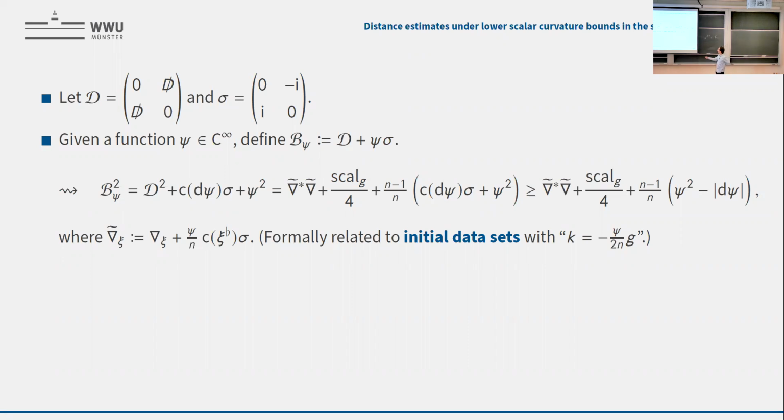And what you can do is you just add basically the psi as a potential to your Dirac operator, and then try to get a modified Schrödinger-Lichnerowicz formula for this operator. You can plug this in, you get some formula, and in the end it looks quite nice because the first part is the same as the original Schrödinger-Lichnerowicz formula, but then you get an additional term which involves some differential expression in terms of your potential.